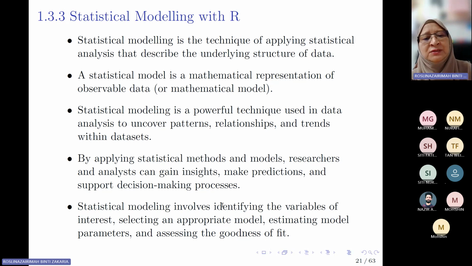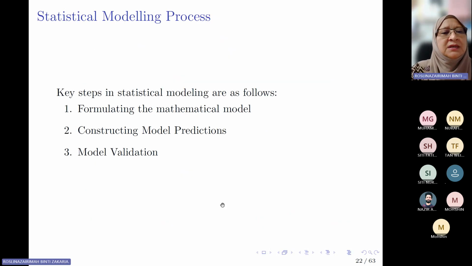So statistical modeling involves identifying the variables of interest, selecting an appropriate model, estimating model parameters, and we need to assess the goodness of fit, how well the model fits the data. There are basically three key steps in a modeling process.